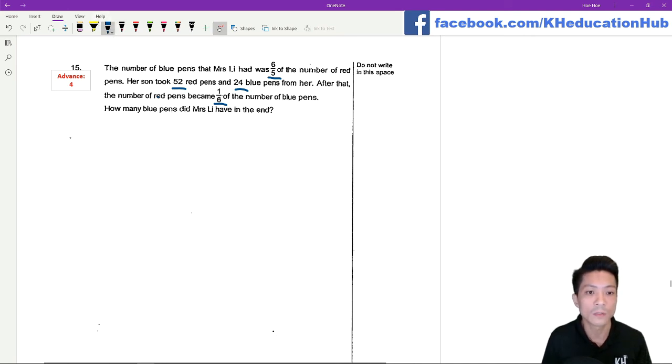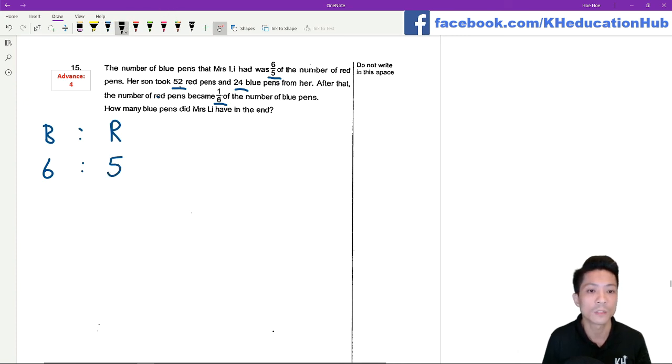Let us write down the ratio of the number of blue pens to red pens. The number of blue pens that Mrs. Lee had was 6/5 of the red, so this would be 6:5.